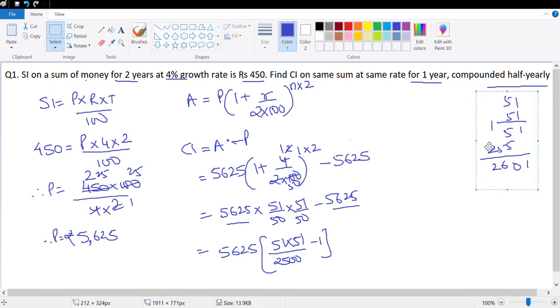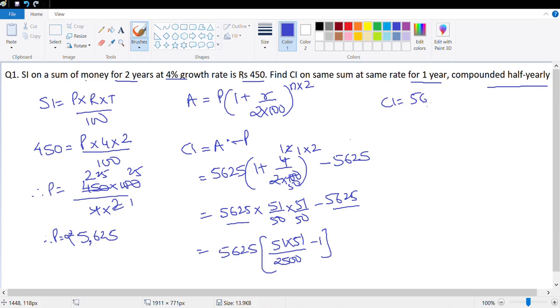So compound interest will be 5,625 multiplied with 2601 minus 2500 upon 2500. So that's 5625 multiplied with 101 upon 2500.